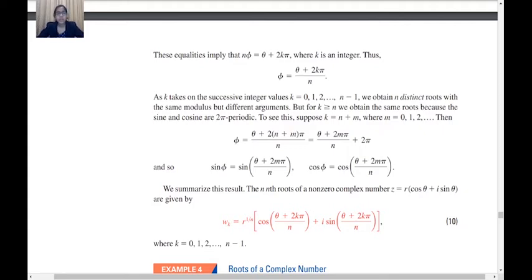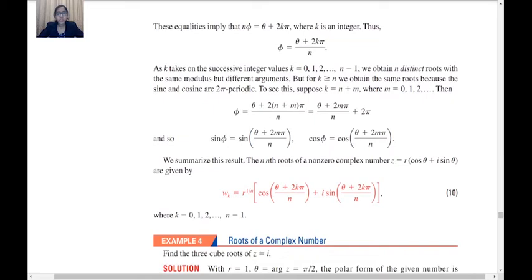Now there is one more thing I have to mention: the principal nth root of a complex number is the value when k is 0.